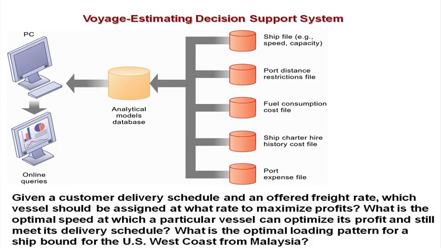Again, one more example of how an analytical model can help in doing voyage estimation. The input is the customer's delivery schedule and an offered freight rate, and the question is which vessel should be assigned at what rate to maximize the profit.